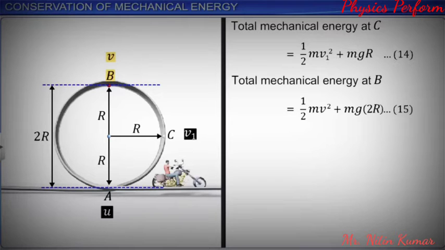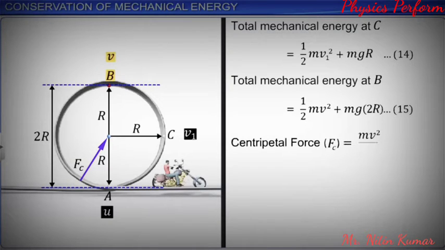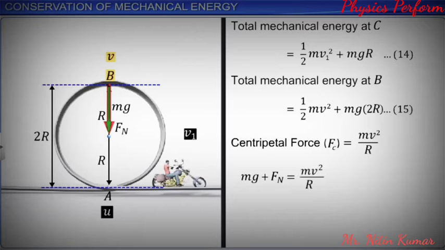As the individual moves on the bike, which is together considered a system, in the circular path, a centripetal force Fc, denoted by mv square by r, acts on the system. At position B, weight mg and normal force Fn provide the necessary centripetal force. When the speed at position B is decreased, the centripetal force decreases, and hence the normal force.